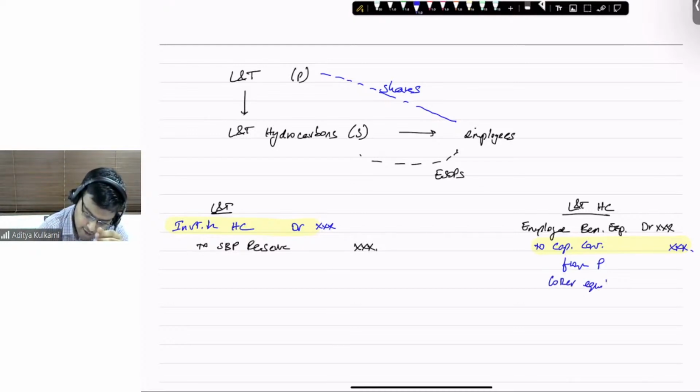You can debit unsecured loan for L&T and credit unsecured loan for hydrocarbons, provided there is an intention to receive and collect these amounts in the future, which is highly unlikely. So therefore it is going to be more of a capital contribution from the parent, and in the books of L&T, it will be like an investment.